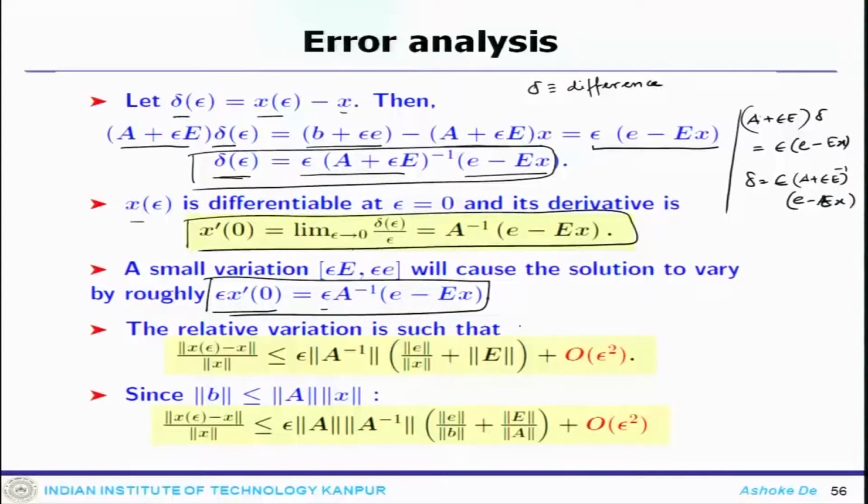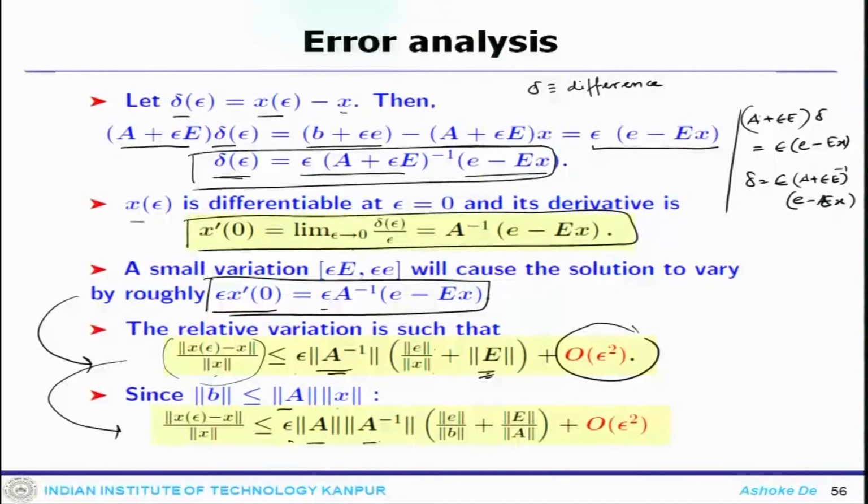The relative variation must be such that the magnitude of x epsilon minus x, divided by the magnitude of the original solution x, is less than or equal to epsilon times the magnitude of A inverse times the normalized E by A and e by x, of the order of epsilon. It comes from this expression for the relative variation, and one condition which is satisfied here is that the norm of b is less than or equal to the norm of A times the norm of x.